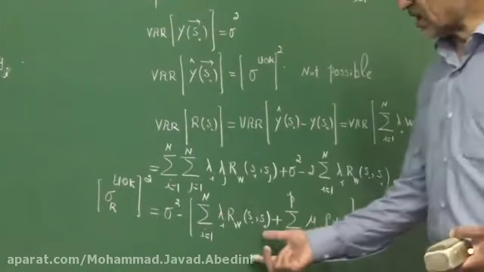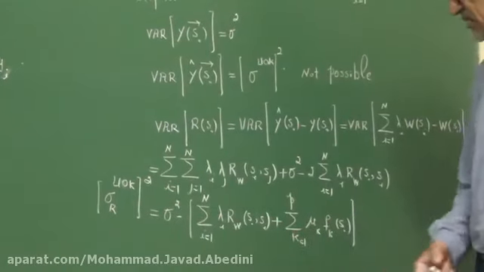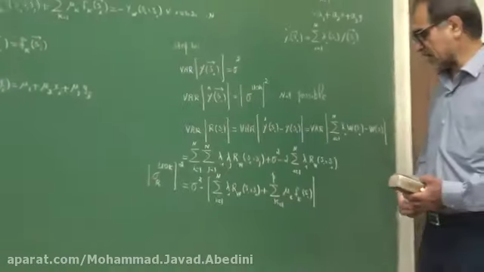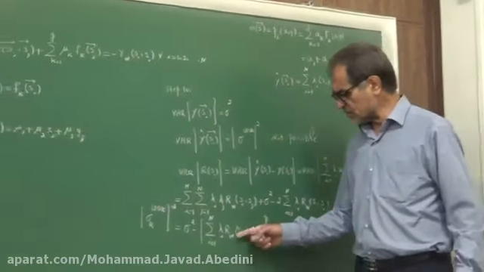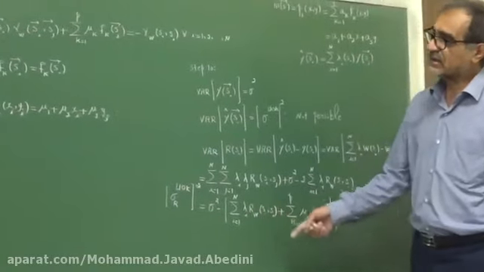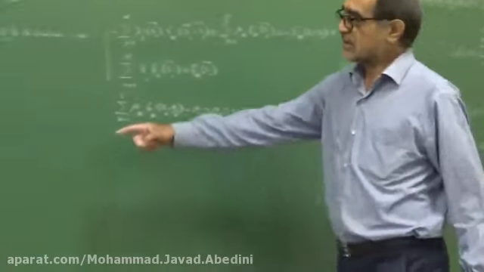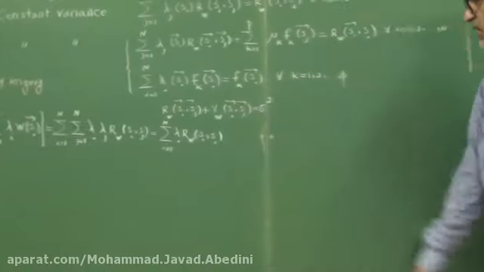You can express your variance of residual in terms of the variogram of W. How? What you need to do is to replace this with sigma squared minus gamma.